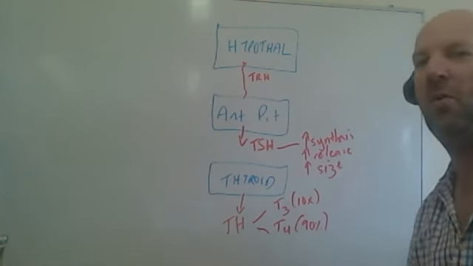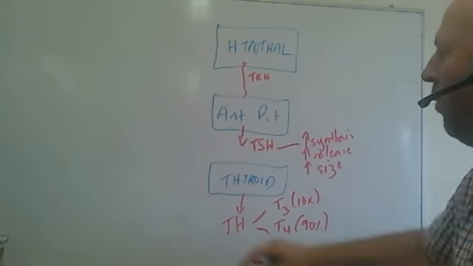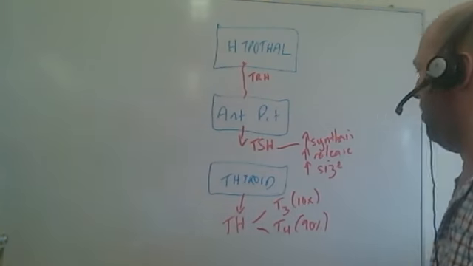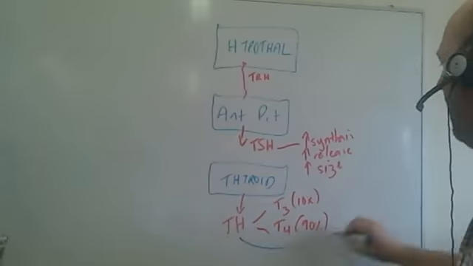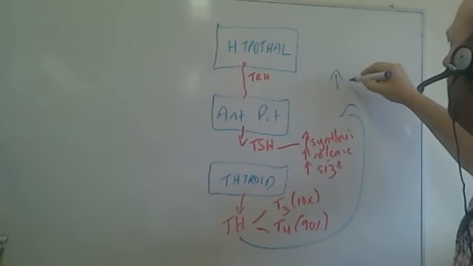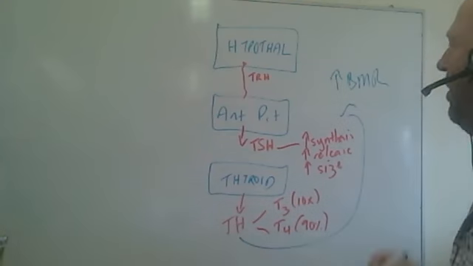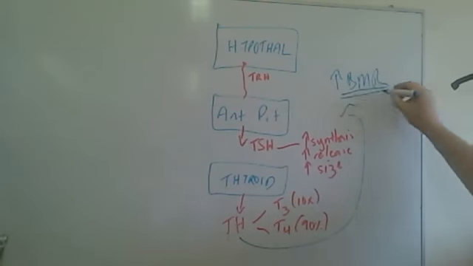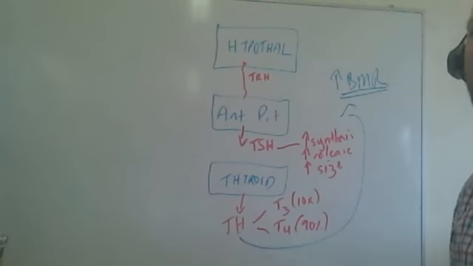But we're getting way ahead of ourselves here. What does thyroid hormone do? Well, thyroid hormone has a number of different roles in the body, and overall we can say it maintains our basal metabolic rate. The more thyroid hormone we have, the greater our basal metabolic rate is.